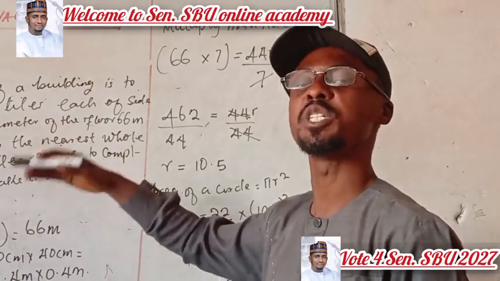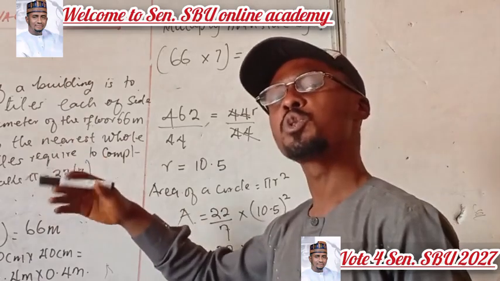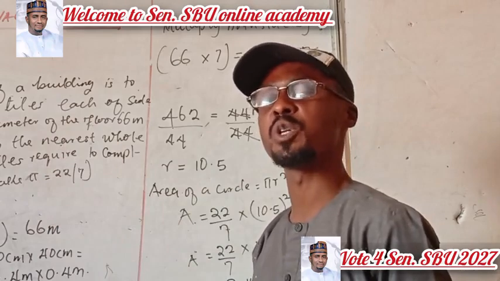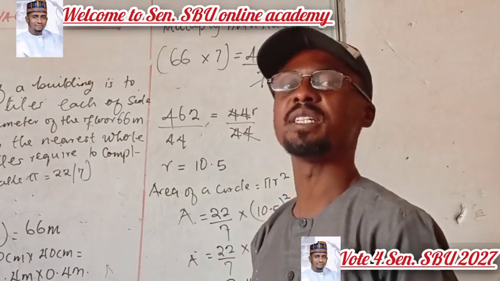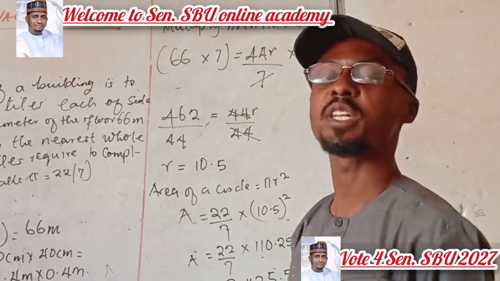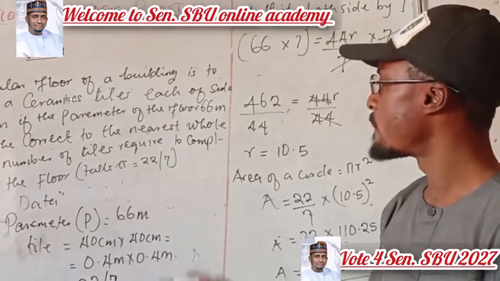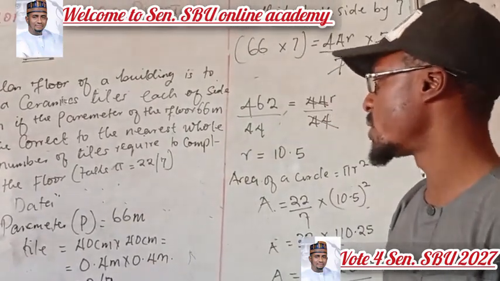We are ready to teach you what you don't know, or what you're supposed to know and you don't know. We will explain it for you in detail. Pi is 22 over 7. And this question will tell you why pi was introduced in this question.